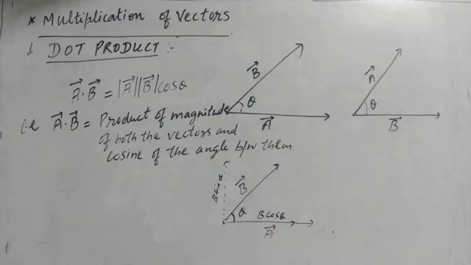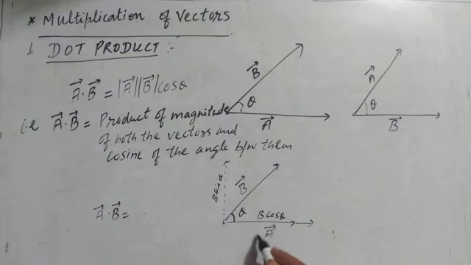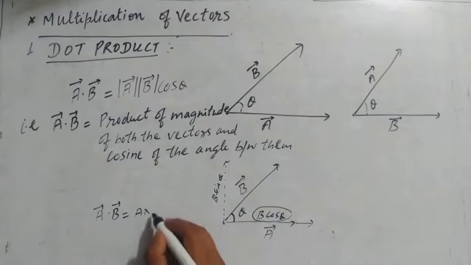Now if we take the product of these two, A vector dot B vector, that is equivalent to the magnitude of A vector into this component B cos theta.